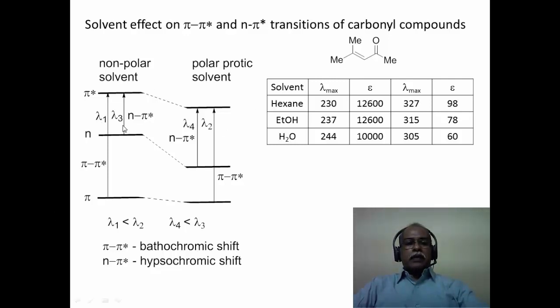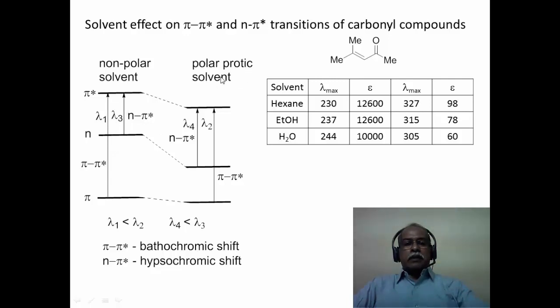Then you have the n to pi star transition, which is a lower energy transition. So this lambda 3 will be much higher than lambda 1.